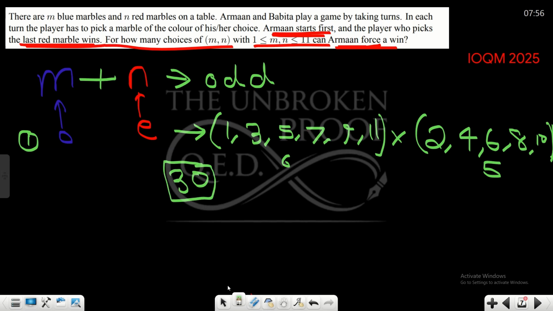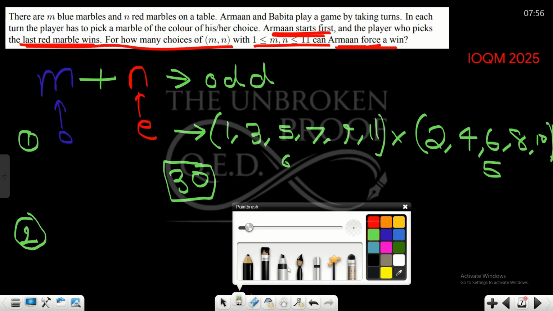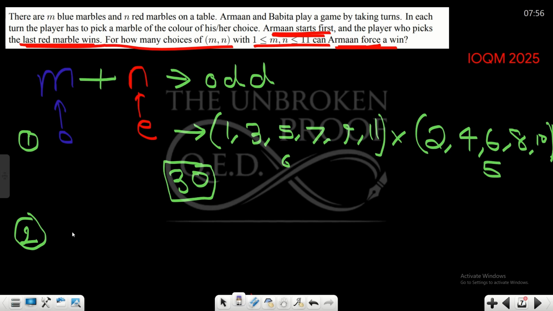Now if I move to the second case, where M is even and N is odd, here also you'll have two cases. Why? Because there's going to be a very special case when you keep N equal to 1. Why is this a special case? Because Arman should win and Arman starts first, so if Arman immediately picks a red marble, he will immediately win.